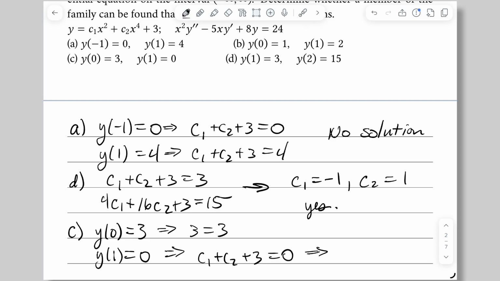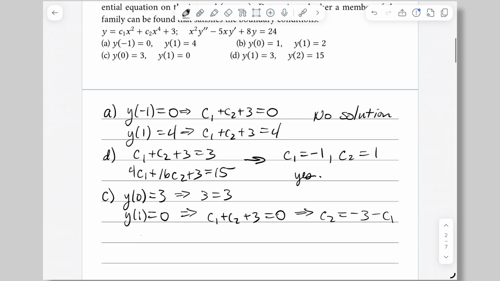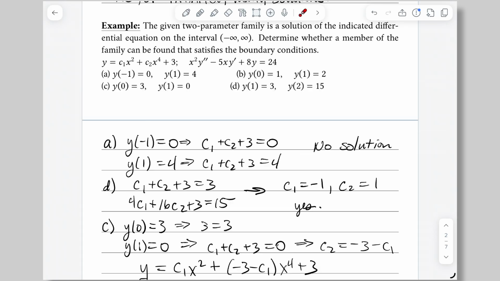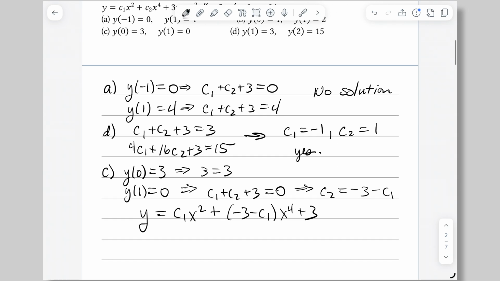So we could say that c2 is equal to -3 minus c1. Then a solution ends up looking like y equals c1 x squared plus (-3 minus c1) x to the fourth plus 3. So we actually have an infinite number of solutions. The question though was, can a member of the family be found? The answer is yes.